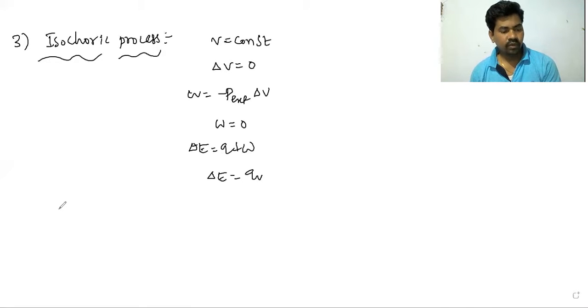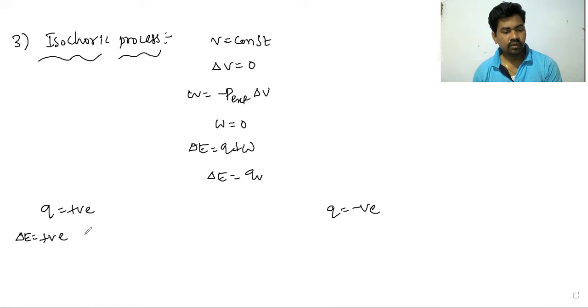So here Q can be positive, or Q can be negative. If Q is positive, then delta E is positive. If internal energy increases, then temperature also increases in isochoric process.